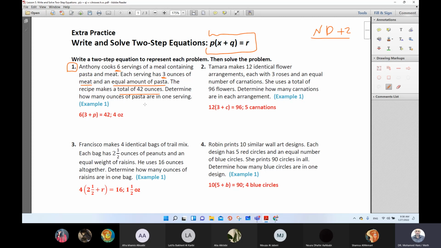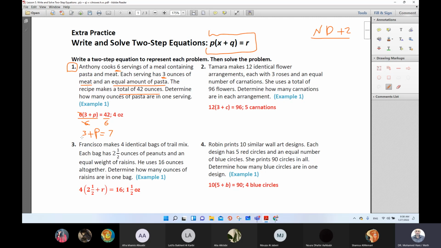Now we want to solve this equation. At first, try to remove this number from this side using the property of equality. We can divide the two sides by 6. 6 divided by 6 will be 1. It means here 3 plus b equals, on the second side, 42 divided by 6, which is 7.